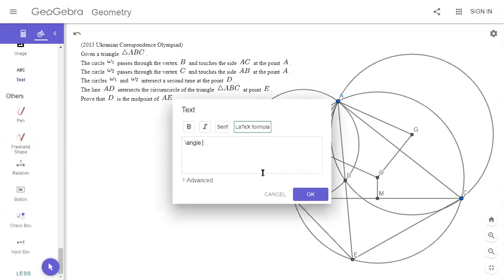So angle DBA is equal to angle DAC is equal to angle EAC is equal to angle EBC.